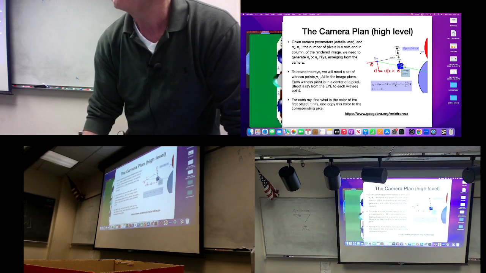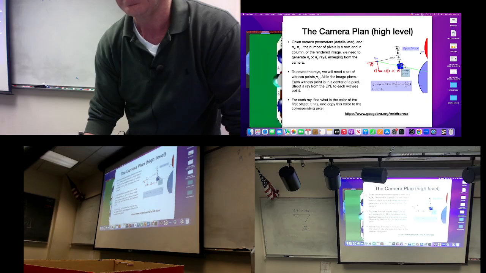Why is the 2 here? Because if you make the math, then for J equal 1, you'll go to the leftmost pixel. J equals NX, you'll go to the rightmost pixel.